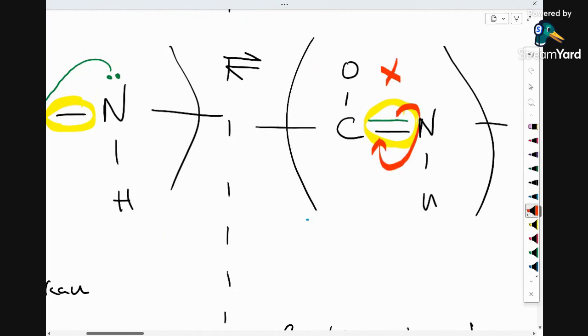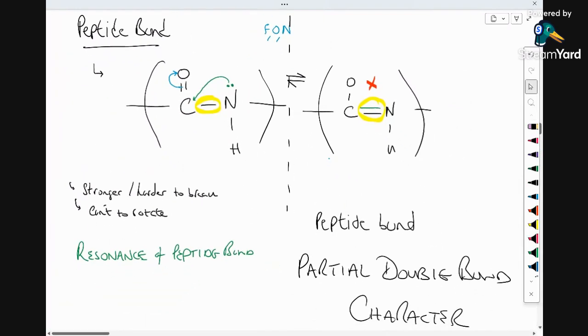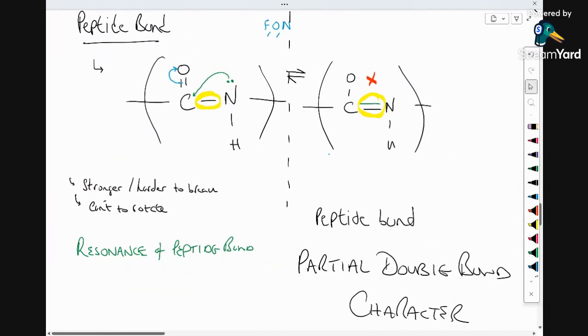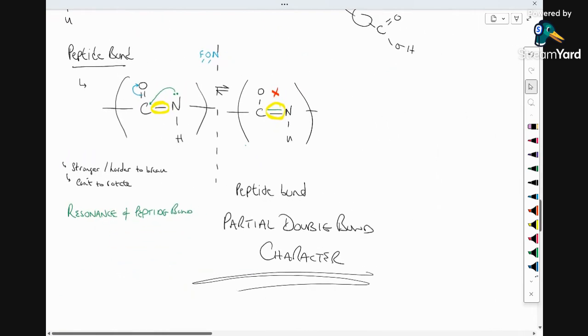We can't rotate a double bond, essentially. So it's not free to move. It's relatively inflexible and can only take on certain conformational shapes. That's all I'm going to say about that, but it's an interesting point just to make you aware of.